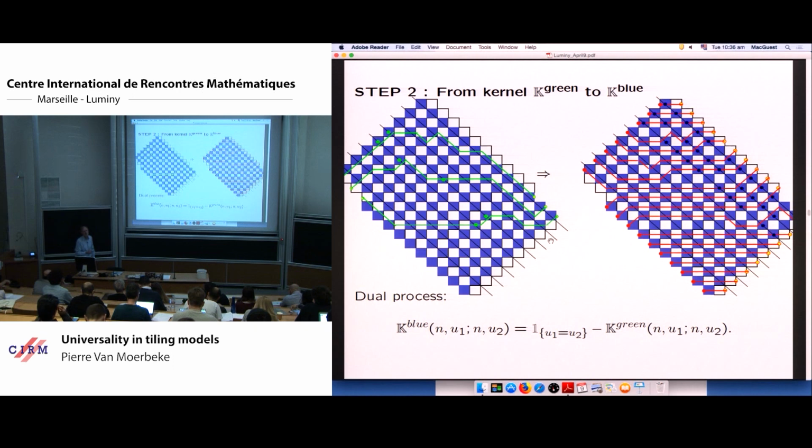The blue kernel goes with the same red path as before, but I draw lines like this because here also the lines are like this. The random point process now is not the random point process which we really need, which has the lines like this, but the lines like that. That's life, you go from there to there.